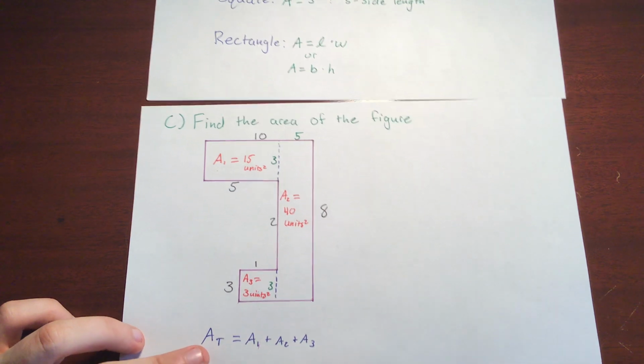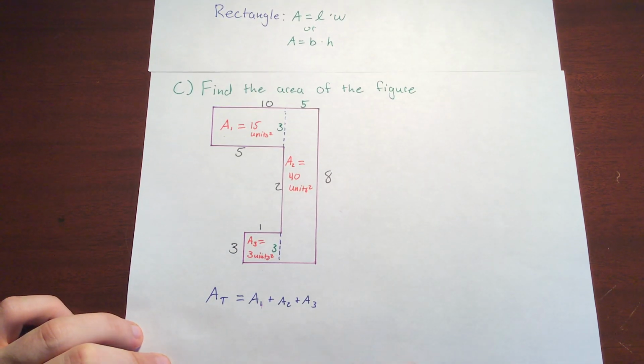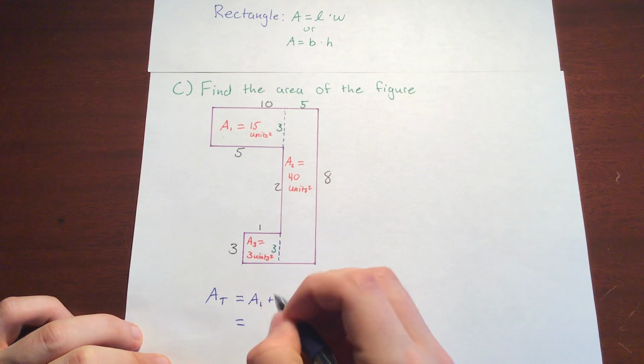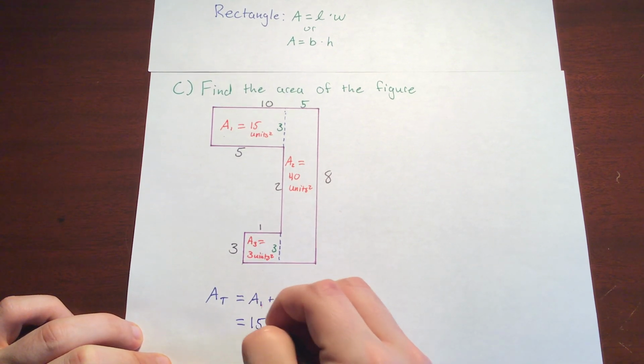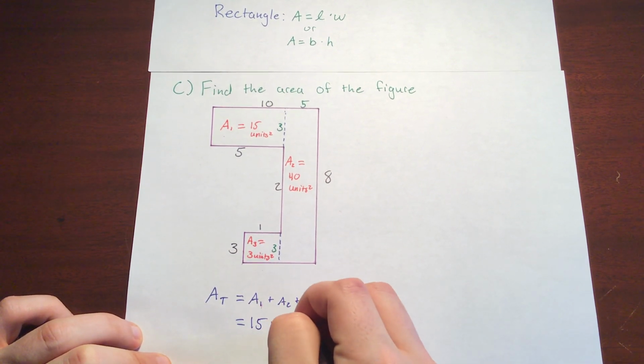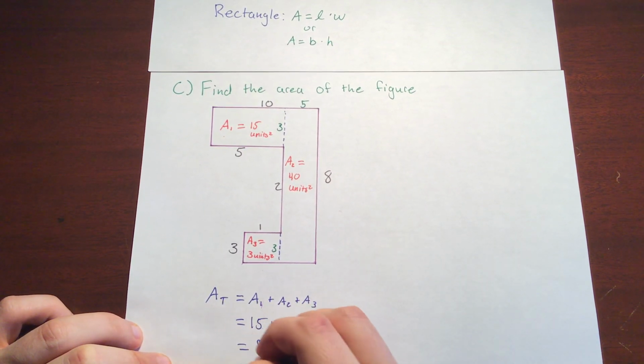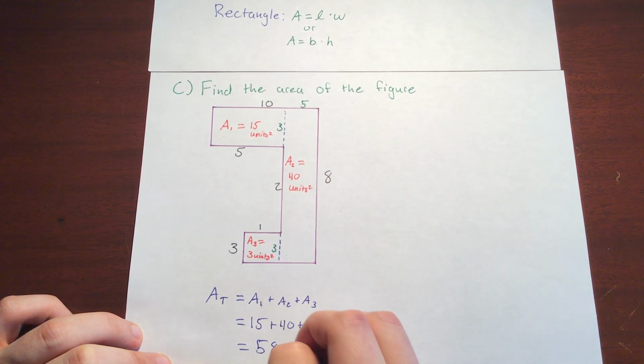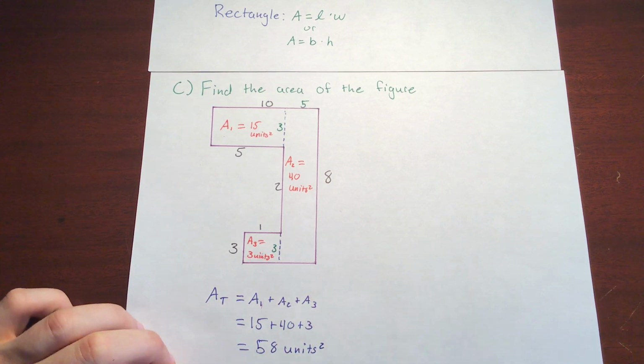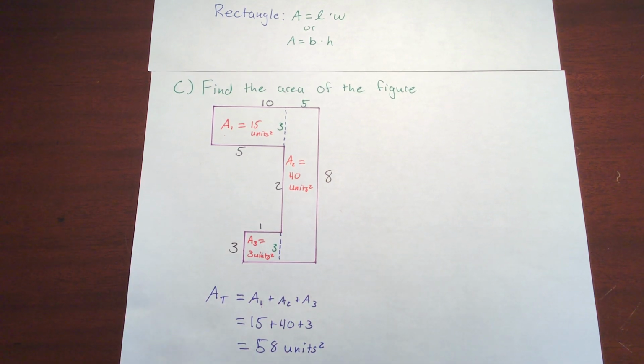When we do that, we're going to have 15 plus 40 plus 3, which is going to give us a total of 58 units squared. And there we have it.